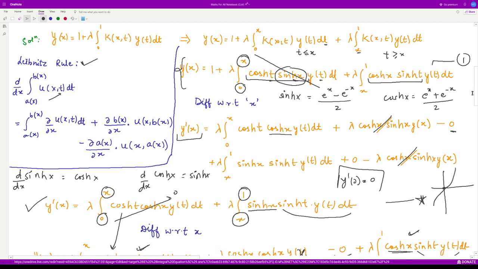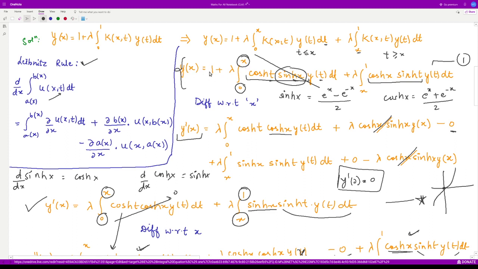Moreover, for the second boundary condition, we need to check it at the point x is equal to 1. So when you substitute 1 over here, in place of x we are putting 1, right?